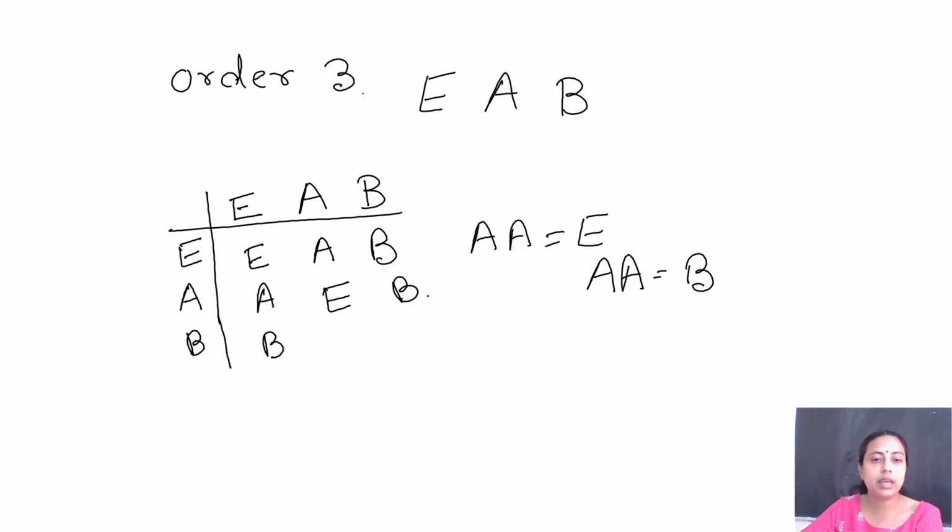But if that is the case, then in the same column B is being repeated. So this cannot be the case. So I have to take AA equal to B. Then obviously E should be here.